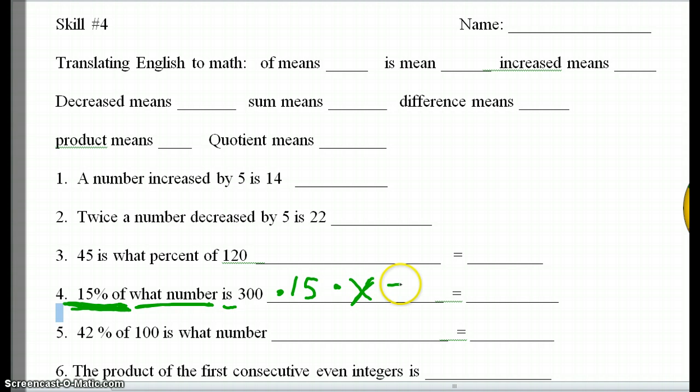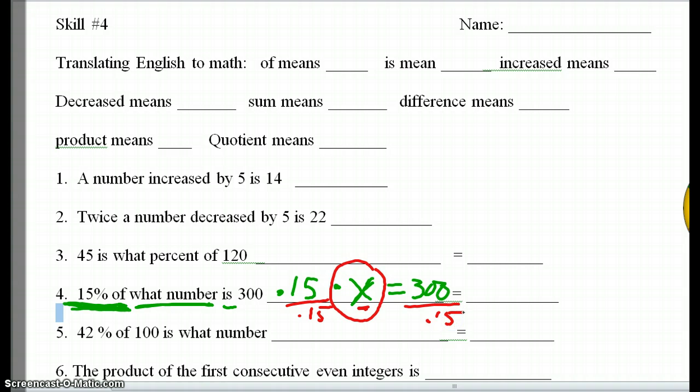Is means equals 300. So once we translate this into a math equation, and if I want to solve for X, think about our algebra. Our algebra says that if I'm multiplying, if I want to solve for X, I'm going to do the opposite. So the opposite of multiplying is to divide.